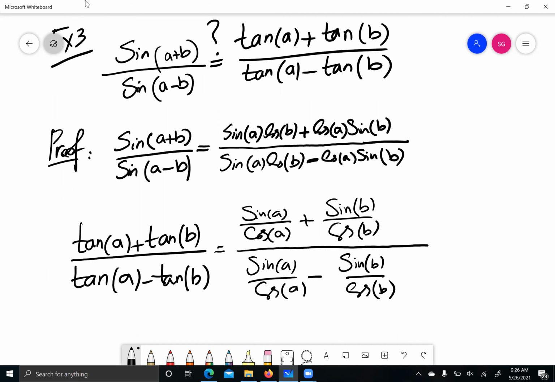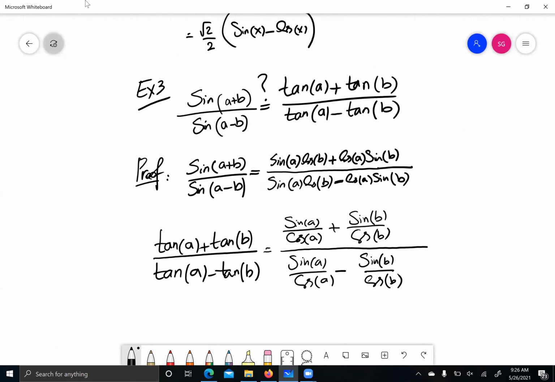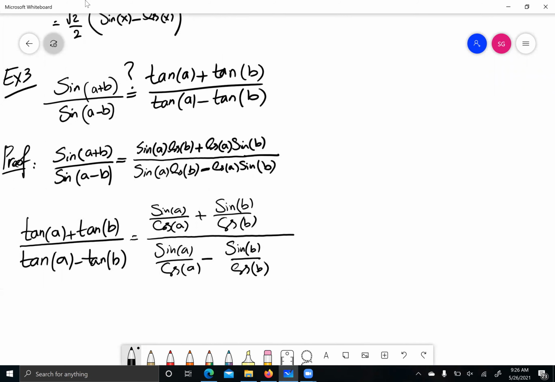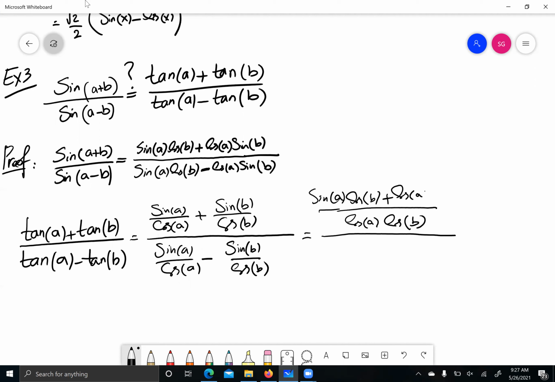Okay, so how can we go further? Here, we can take a common denominator. The common denominator here is gonna be cosine of A times cosine of B. On the top, this is gonna be sine of A times cosine of B plus cosine of A times sine of B. What about here, the denominator?